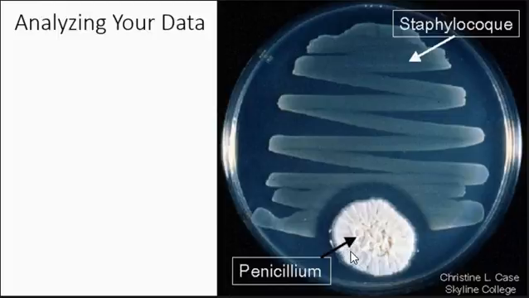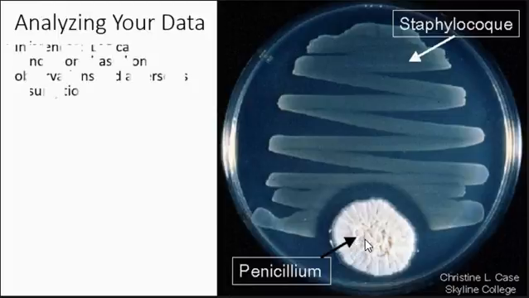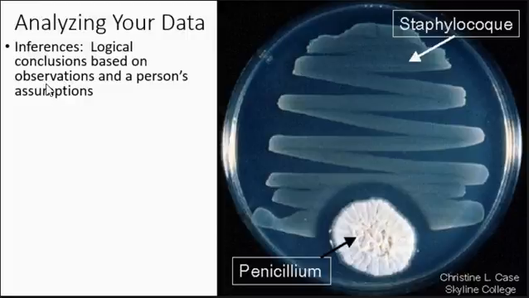And so from that, you can draw inferences. Inferences are conclusions based on your observations. Now, they can be influenced by the person's assumptions, which we'll talk about in just a second. So a logical conclusion might be, molds kill bacteria.